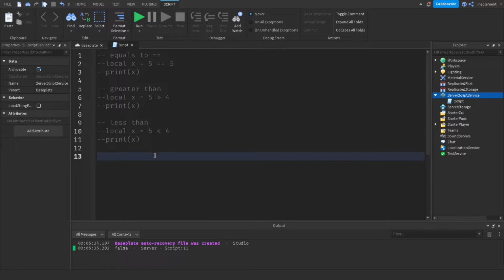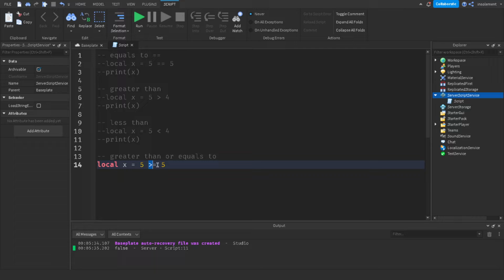Our next operator is greater than or equals to. So local x equals 5. The alligator always comes first. If you were to put the equal sign first and then the alligator, this would be completely wrong. So 5 greater than or equal to 5.